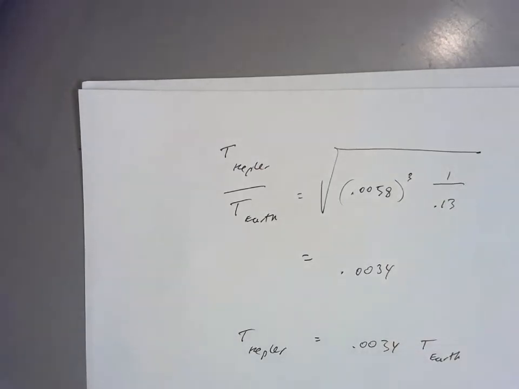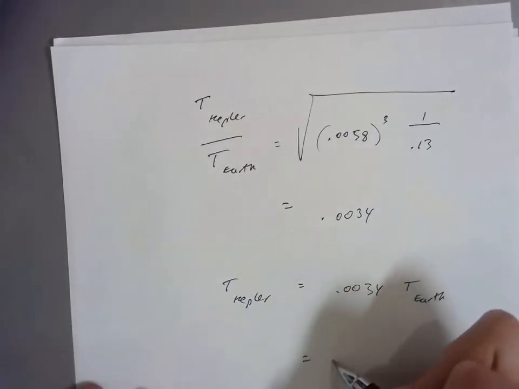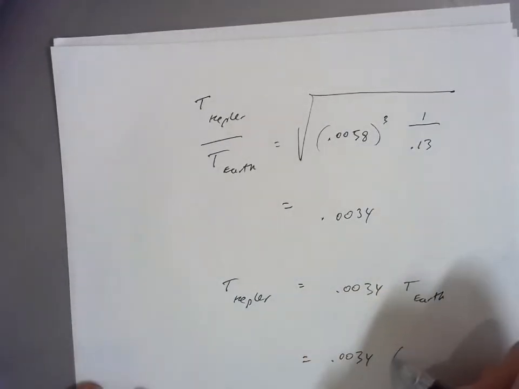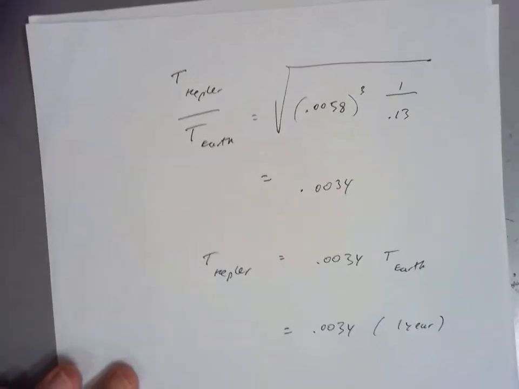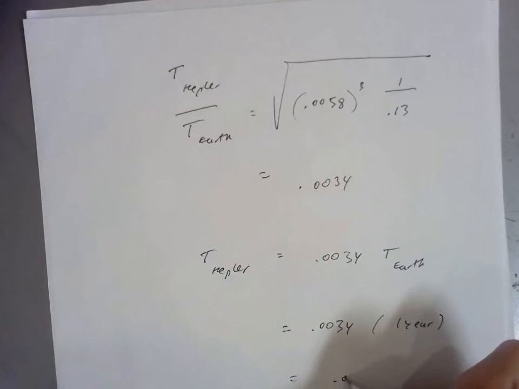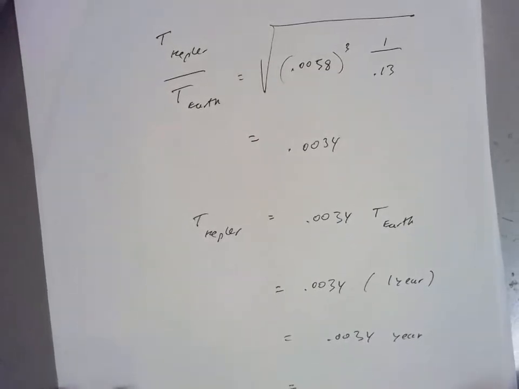Now, if you wanted to go and put your units in at the end, you would know that the period of Earth's orbit is 1 year. So you could then find that this is 0.0034 years. And if you want to convert that to a different time unit, you can.